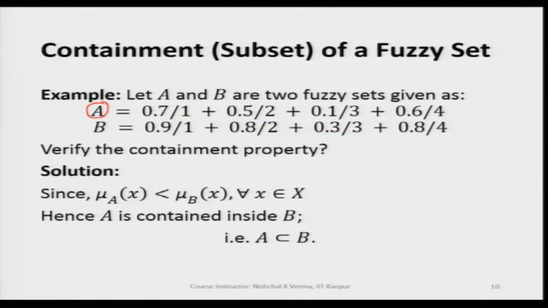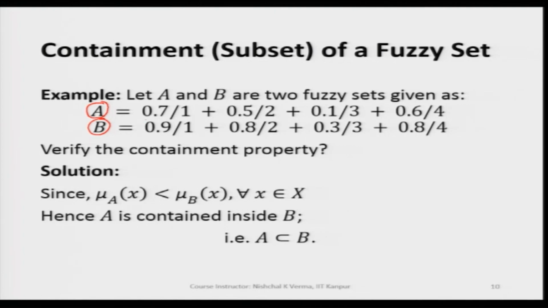The first fuzzy set is A and the second fuzzy set is B. We have the elements, the generic variable values 1, 2, 3, 4 and their corresponding membership values. In both the fuzzy sets we have the same generic variable values 1, 2, 3, 4, but the membership values are different.